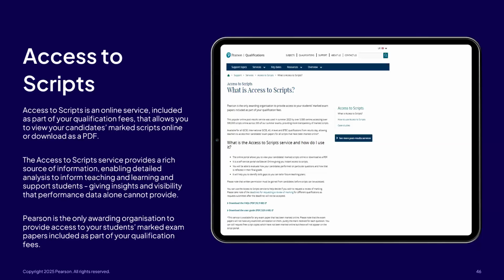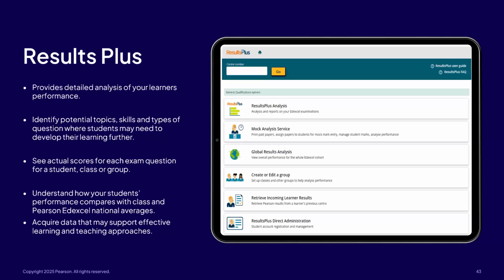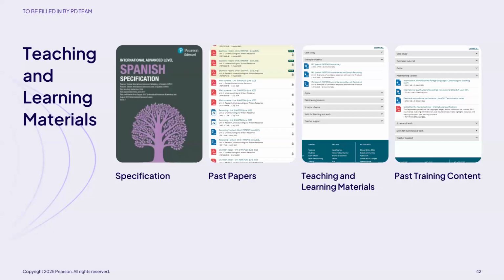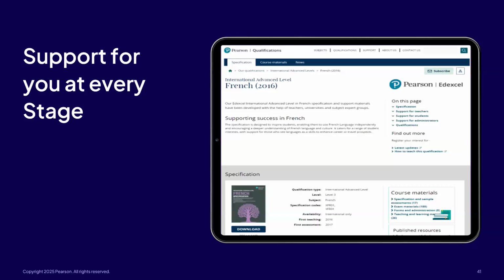So you need to go back a little bit further. You need to go to the website there. If you simply search for Pearson International Advanced A-Level French, or Spanish or German, 2016, you will find it.